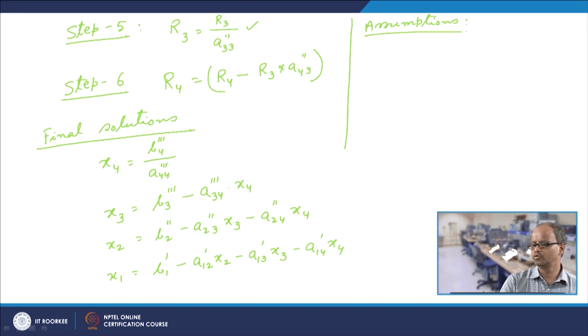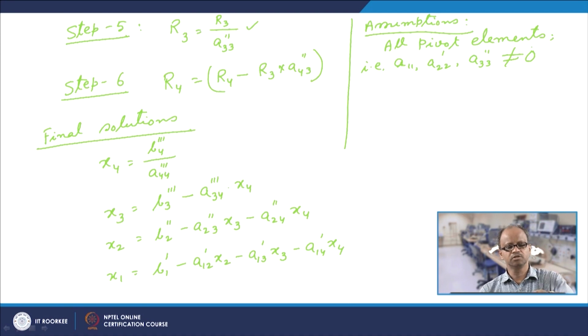that all pivot elements, that is A11, A22 dash and A33 double dash, are not equal to 0, because if they are 0, then these divisions do not exist.